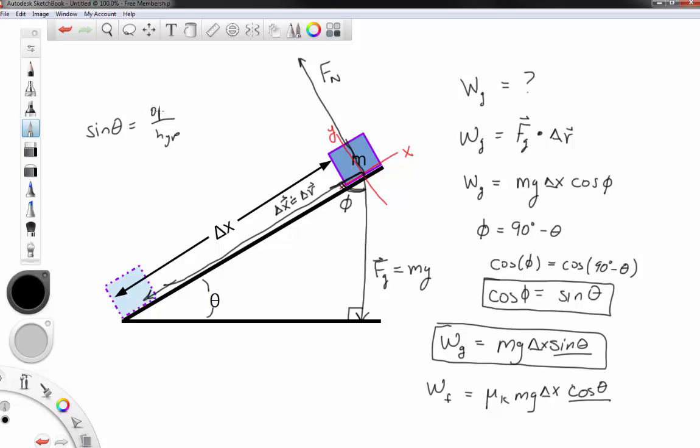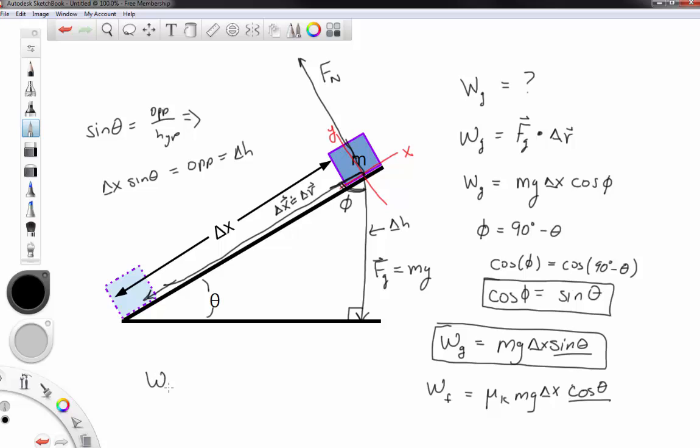The opposite side would be this side right here, which I'm going to call delta H for change in height. So if you have delta x times the sine of theta, you should get whatever the opposite side is, which is the change in height.